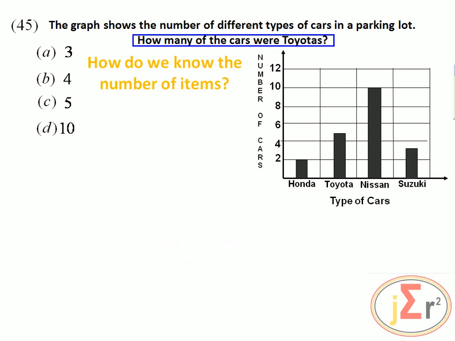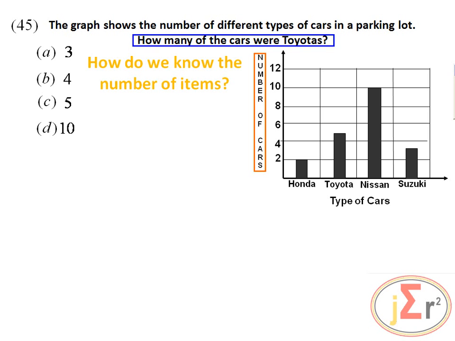How do we know the number of items? There's a graph. Right. And Jerry is saying that because there's a graph there that says the number of cars. Well, the graph says number of cars, but the graph says other things. Types of cars. Right.